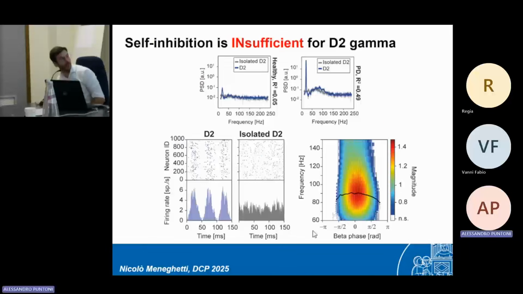And again, the reason, what differs between Parkinsonian and healthy condition, is the presence of beta. So, very long story short, this striatal population on its own does not have sufficient energy to produce self-inhibitory loops that eventually lead to the emergence of gamma oscillation.